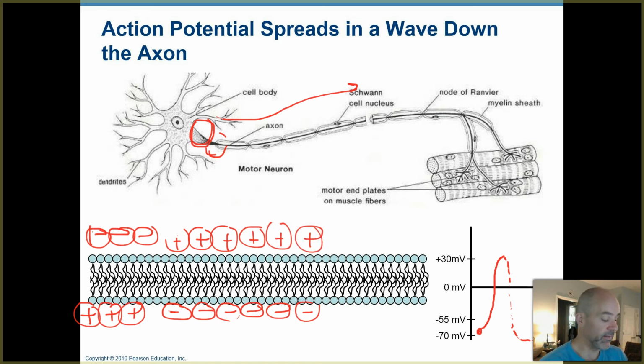Well, what happens is when you have an action potential over here at the axon hillock, you've got sodium ions that have come in, and ions will travel in currents. Those sodium ions are attracted to these negative charges you have over here. So guess what's happening?